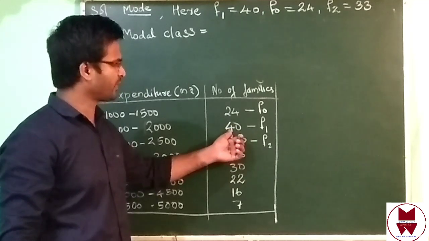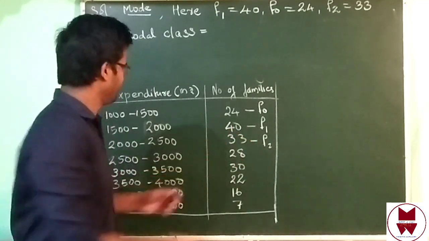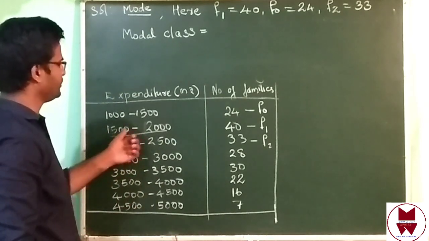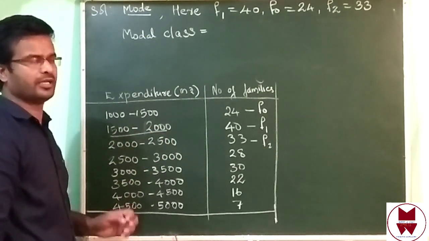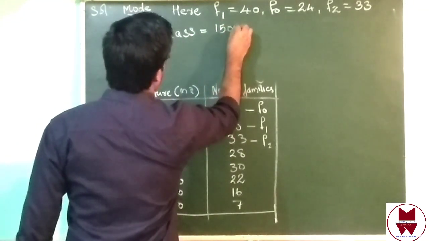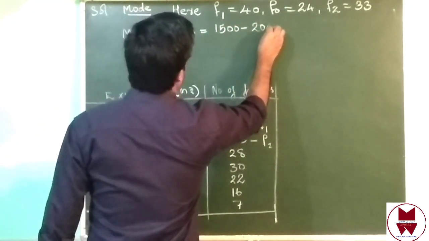We know the highest frequency is 40, isn't it? Then same level, that means 1500 to 2000. That will be our modal class, 1500 to 2000.